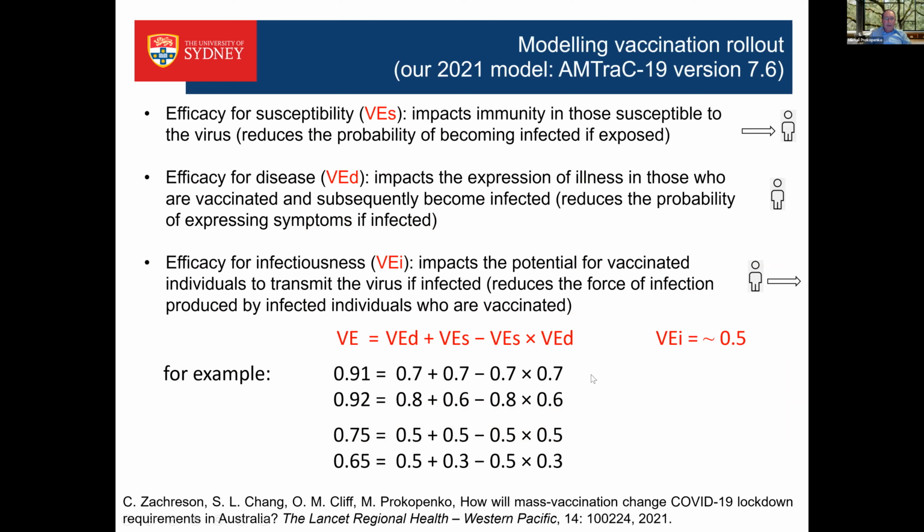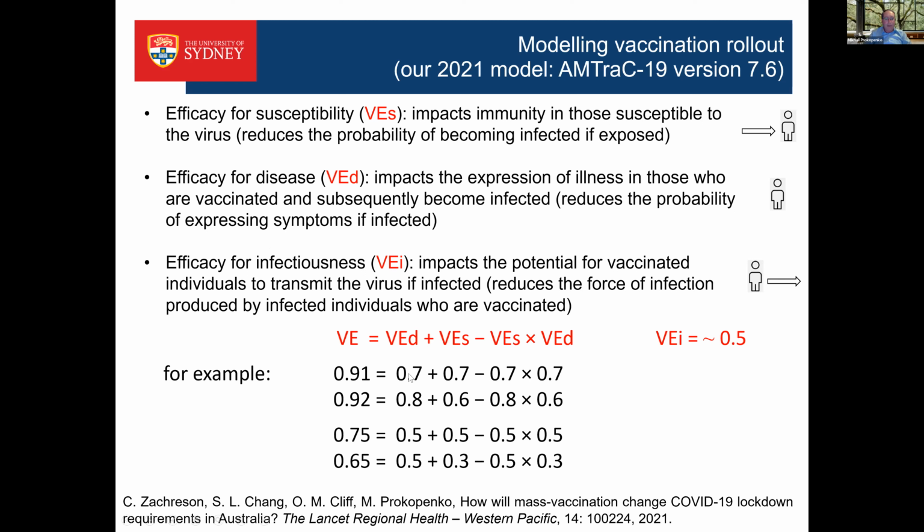I did talk about these vaccination efficacies, and it's important to point it out again how these components combine in the efficacy that somebody tells you it's 0.9 efficacy, because efficacy against the disease and efficacy against infection combine in this interesting non-linear way. You sum them up and you subtract their product.